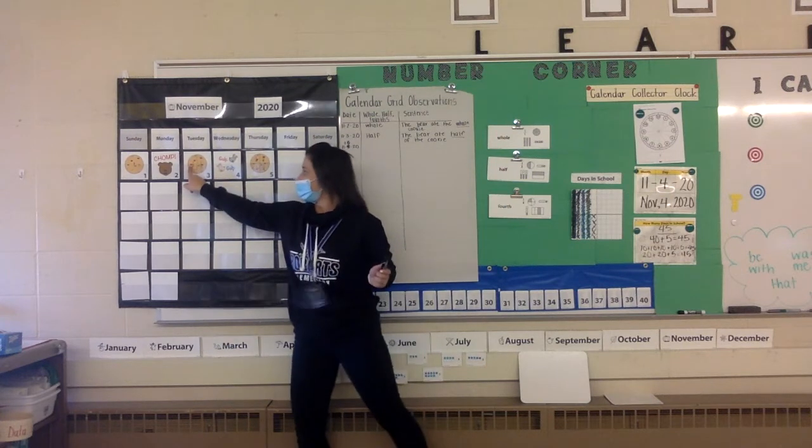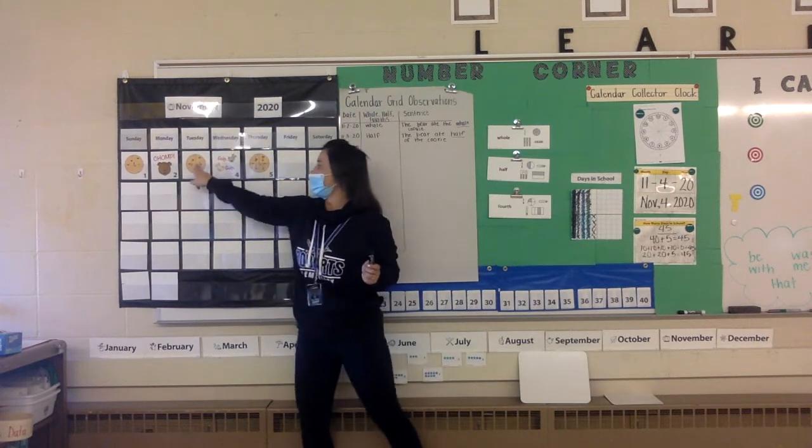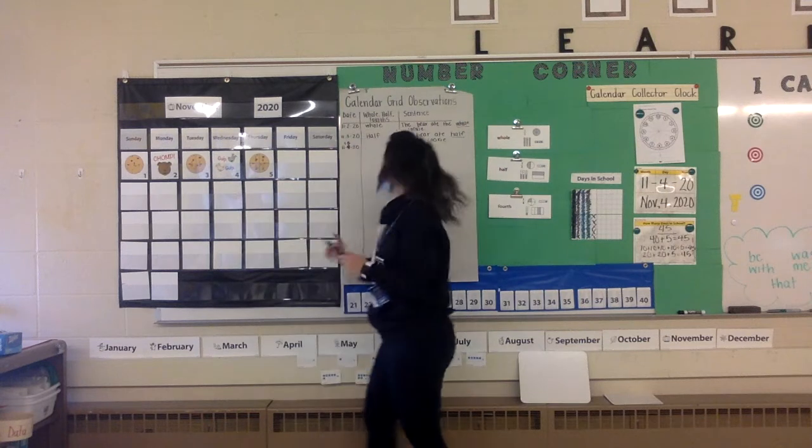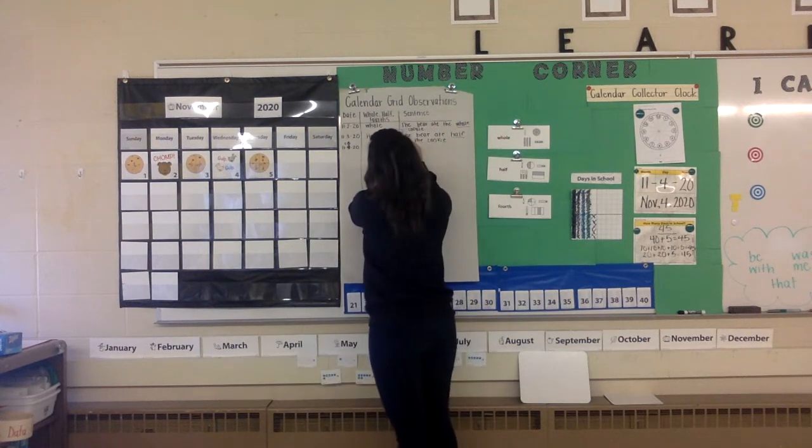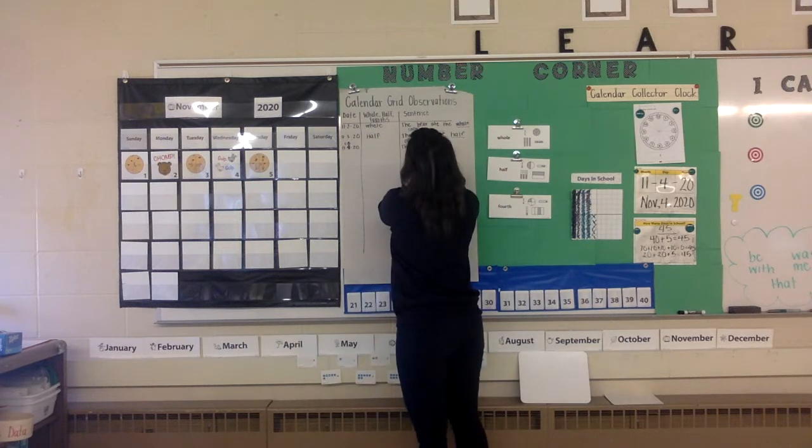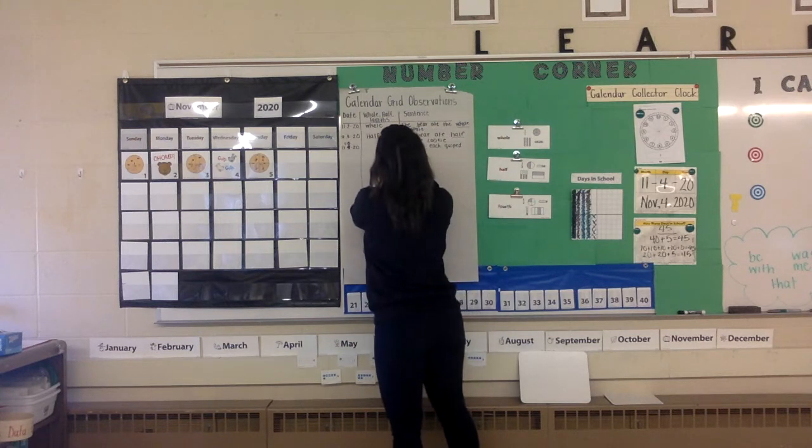One gulped up this half of the cookie. The other dog gulped up the other half, right? So I'm going to write. The dogs each gulped half a cookie.